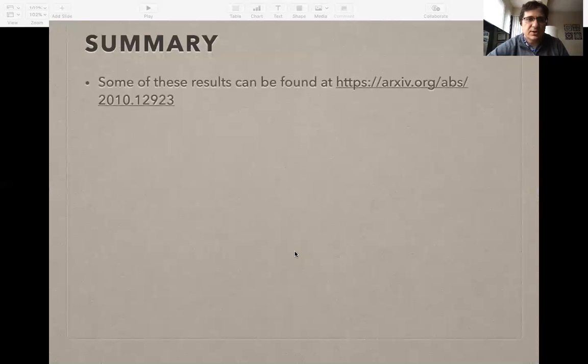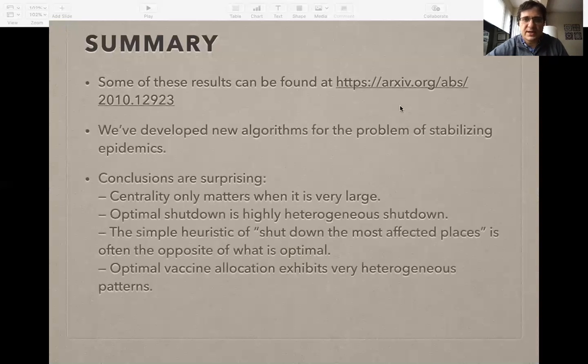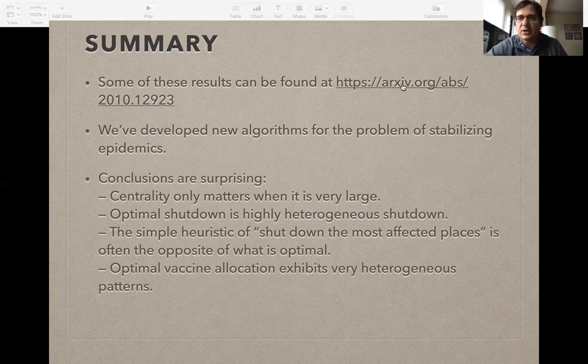So in conclusion, some of the results I've presented, specifically all the stuff that deals with lockdowns and on the archive, our major contribution here has been methodological. We've developed new algorithms for stabilizing epidemics, either by removing individuals from the population or by affecting how people can travel.